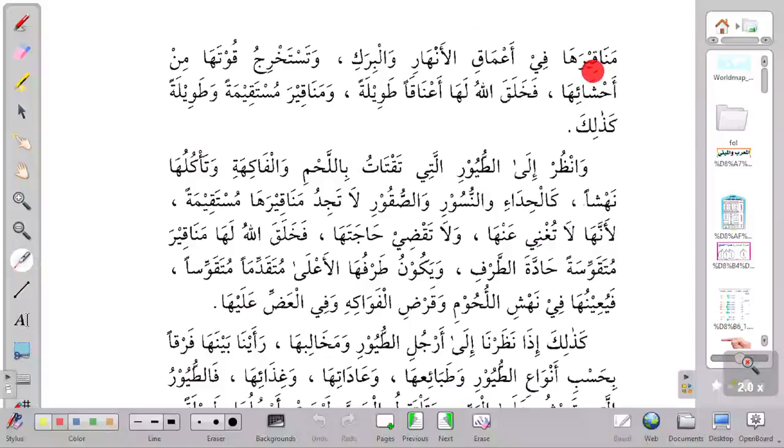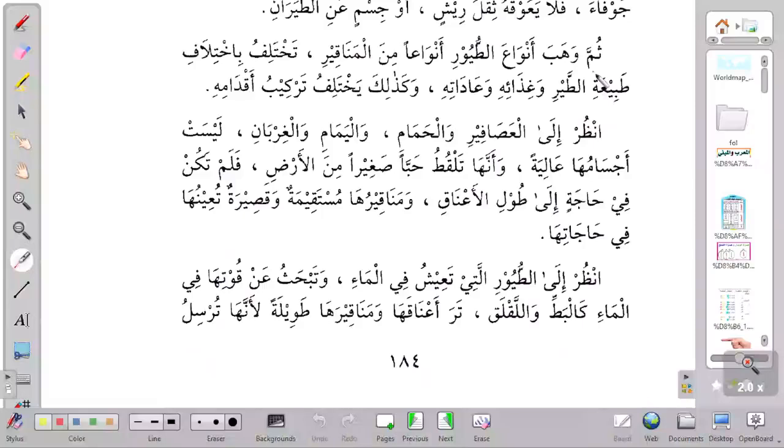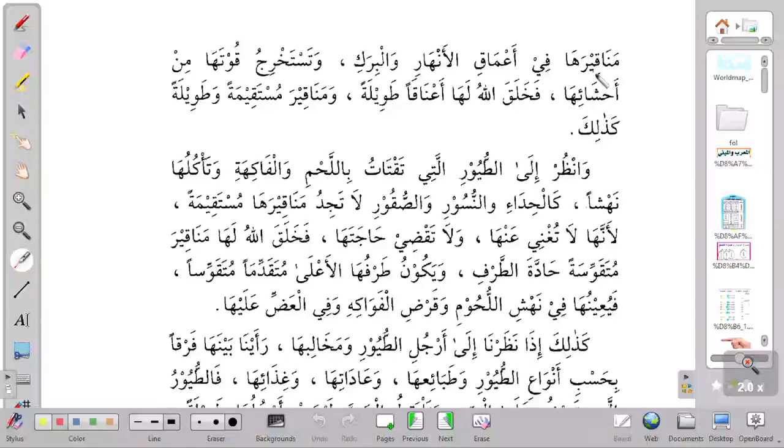لأنها ترسل مناكيرها, because it sends, or puts in its beaks, في أعماق الأنهار. The main thing here is أعماق. أعماق is the plural of umkun, which means the depth of something, the deeper part of something. And then anhar, we know, rivers.